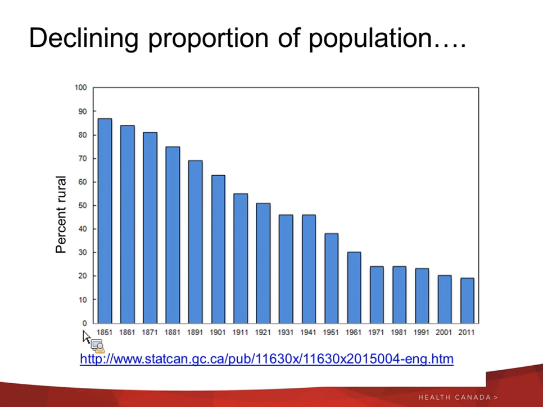Now, the percent of Canada's population living in rural areas has declined dramatically over the last 150 years. Back in the 1850s, over 80% of the population lived in rural areas and less than 20% in urban areas, and those numbers have now essentially reversed. Over 80% of the population lives in urban areas and less than 20% in rural areas.